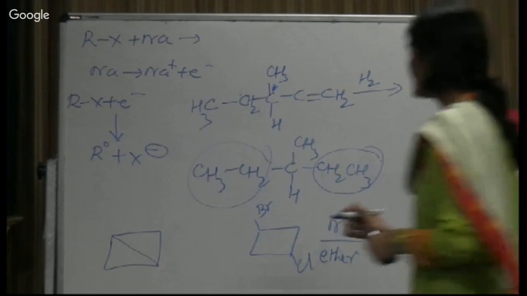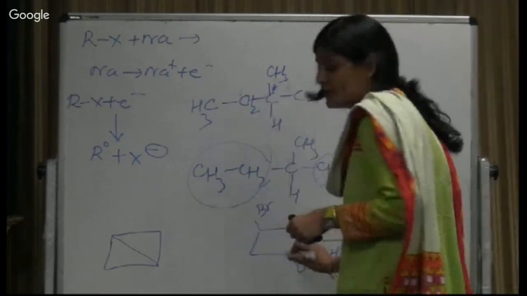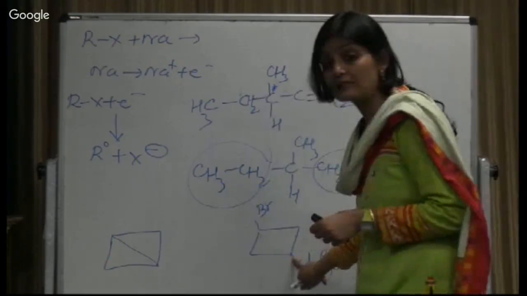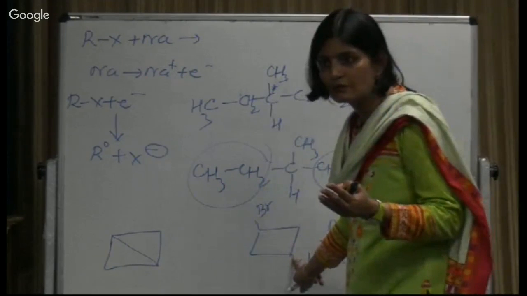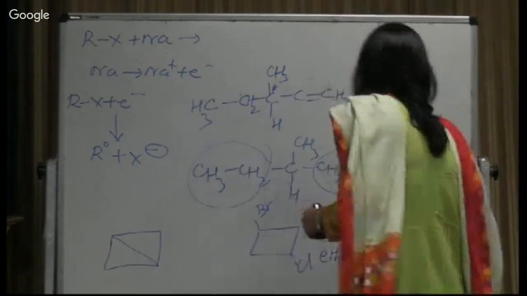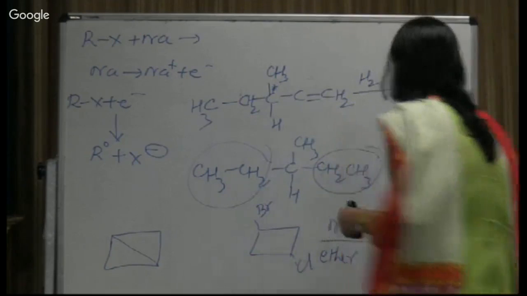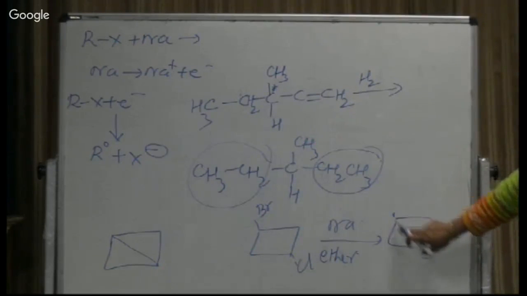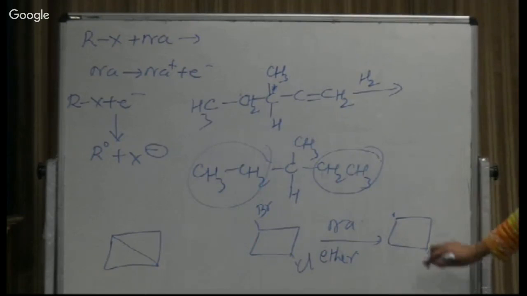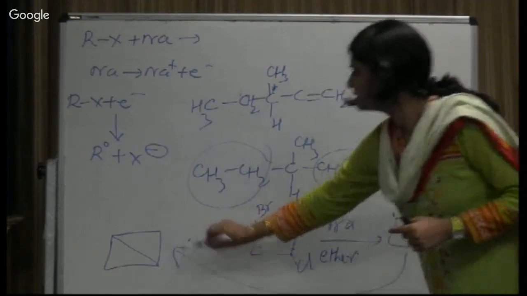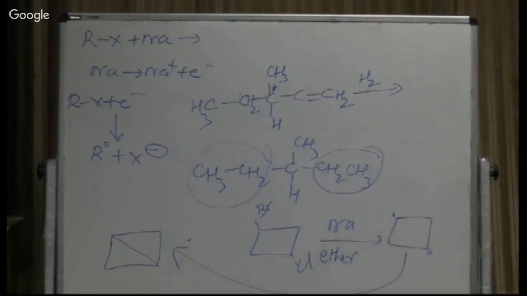So that's what I have done. If you have this, the centers which were joined to halogens will now get a radical center being generated. Once the radical center is generated on these positions, these two carbons will join to each other. Okay? And you will get this product being formed. Correct? Okay.